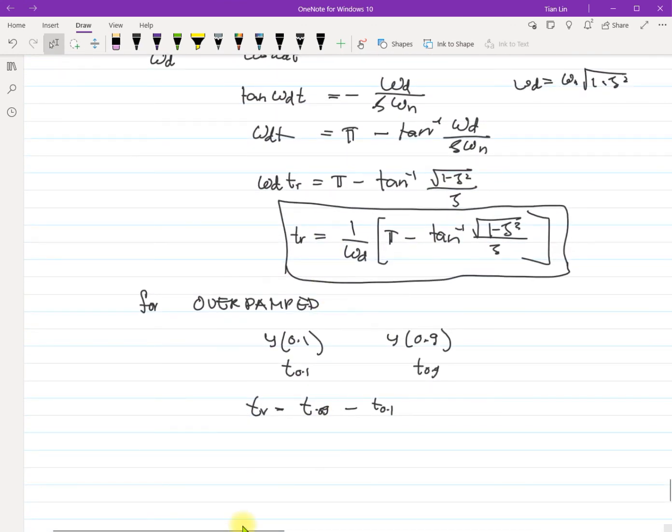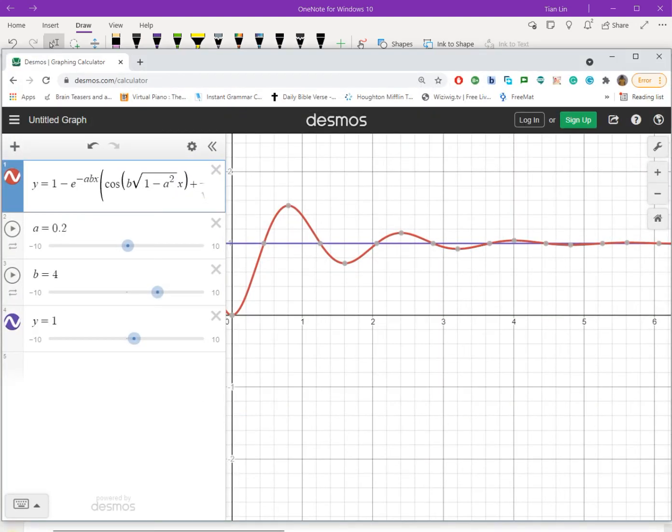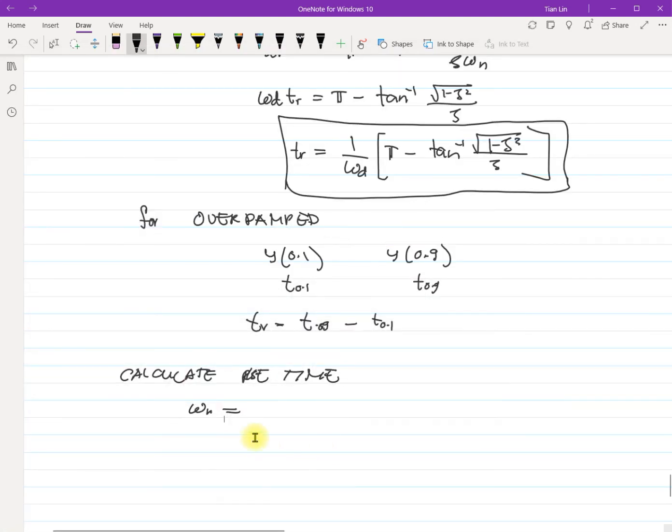So remember, calculate TR, the rise time, if our omega n is equal to 4, and our damping ratio is equal to 0.2.